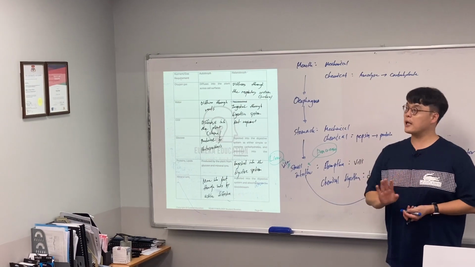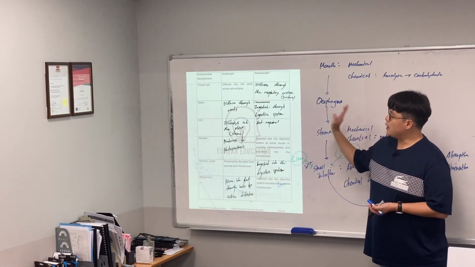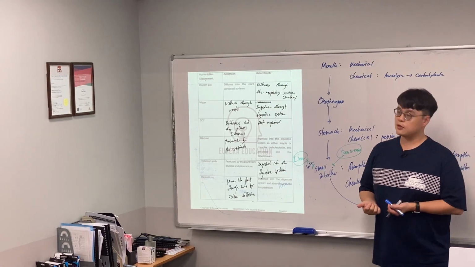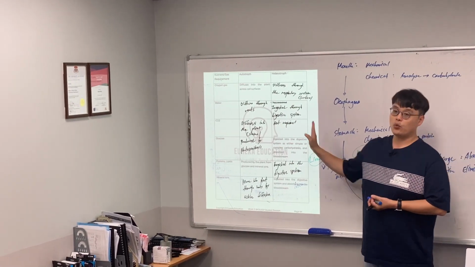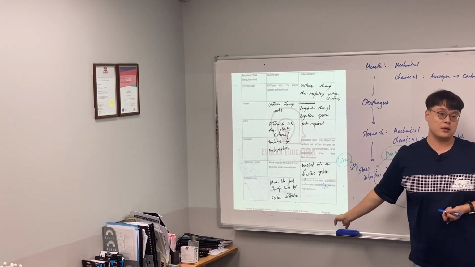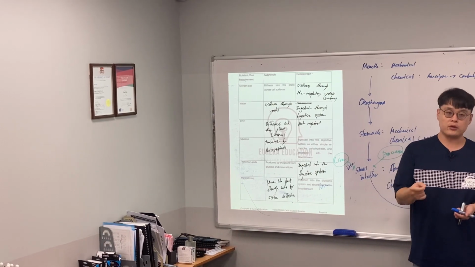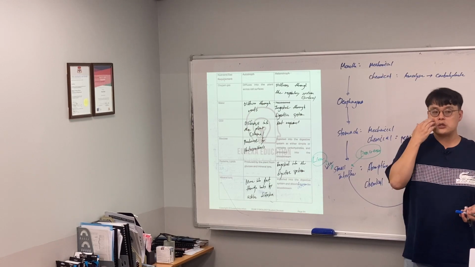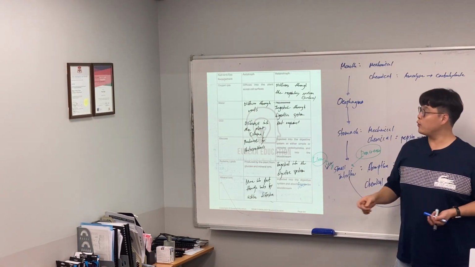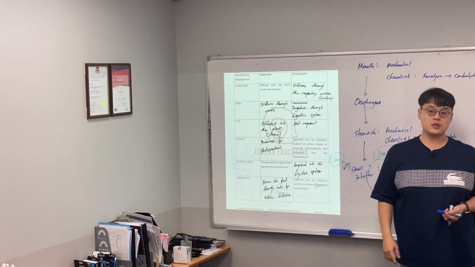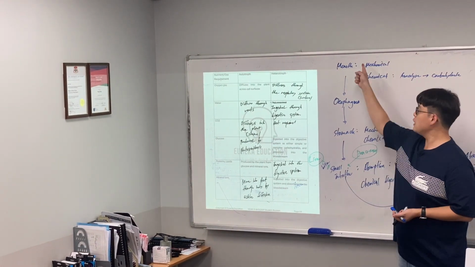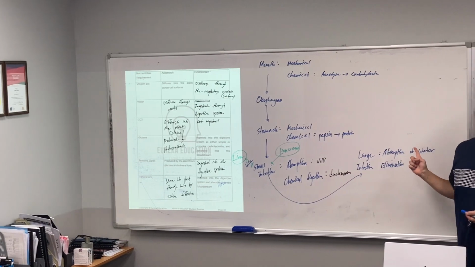Now, comparing the gas and nutrient exchange for the autotrophs and heterotrophs, we need everything basically. This is why we need to know about the respiratory and digestive systems, because for the respiratory, we need to inhale and exhale for the gas. For the nutrients, we need to ingest those nutrients through the digestive system.